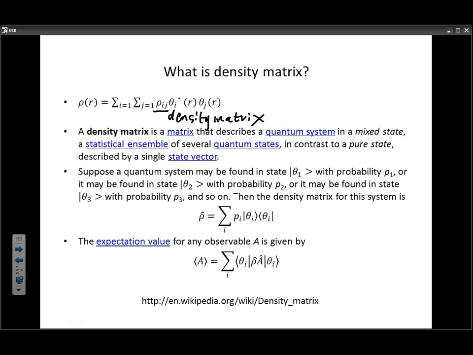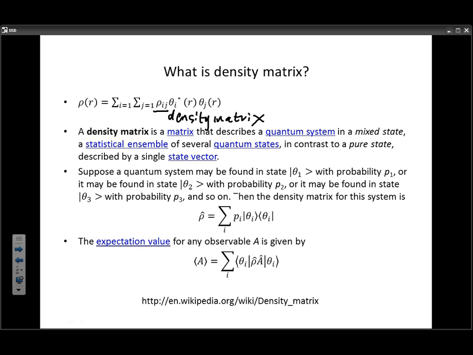Density matrix is a matrix that describes a quantum system in a mixed state. It's a statistical ensemble of several quantum states, in contrast to a pure state, which is described by a single state vector.